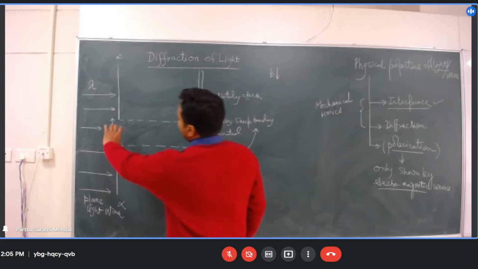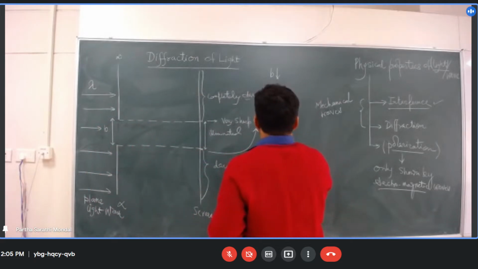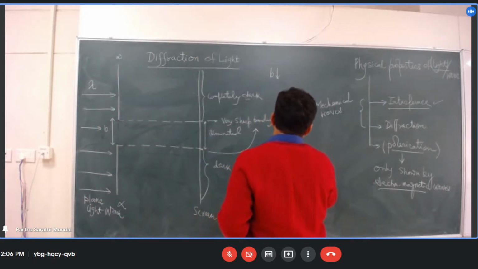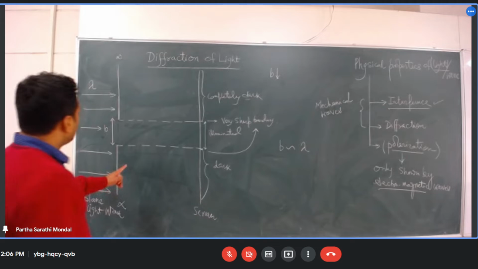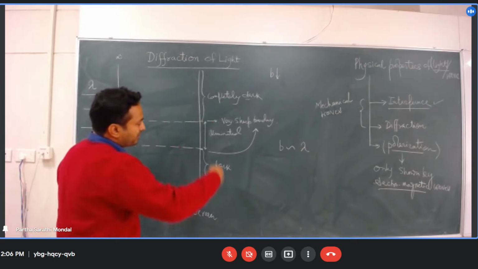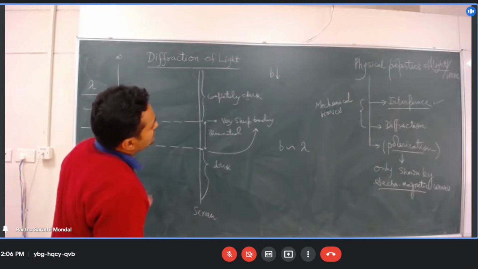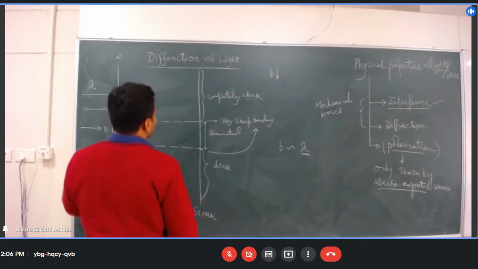At some point, if B is comparable to lambda, a very peculiar thing happens.